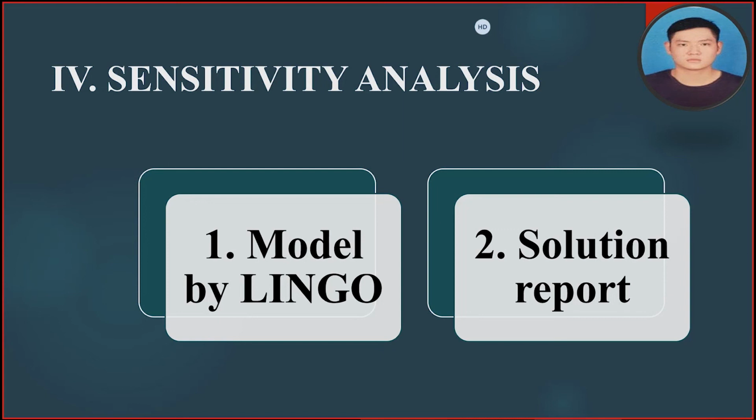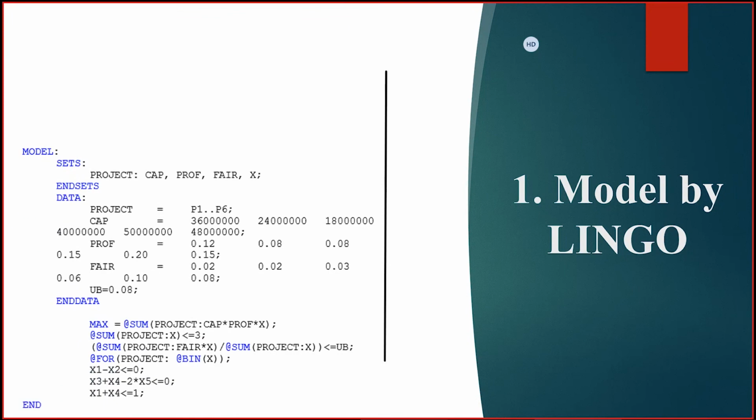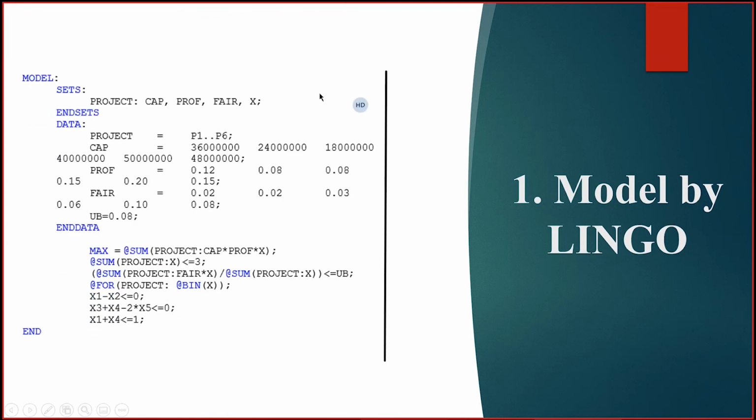In Lingo, we have two parts. The first part is the model, and the second part is the solution report. First, the model. In the model, we must declare the variables. First, in the set, we have project.